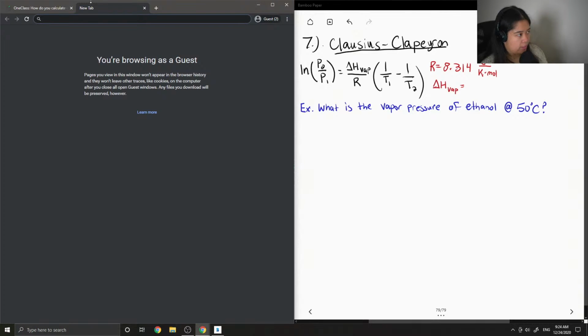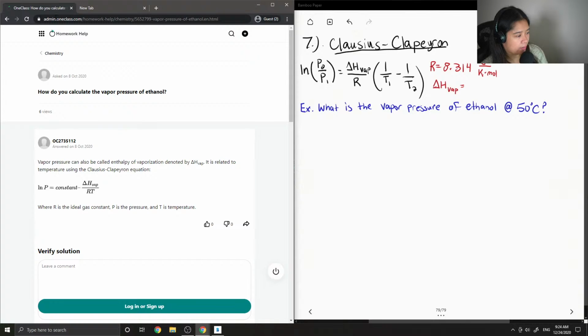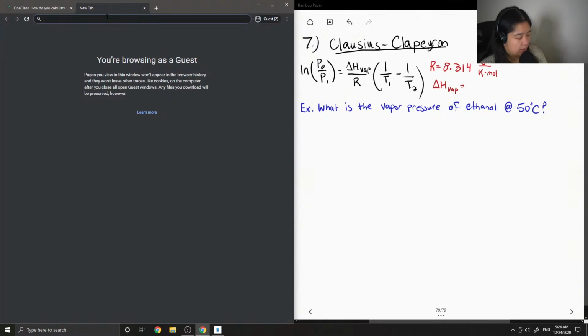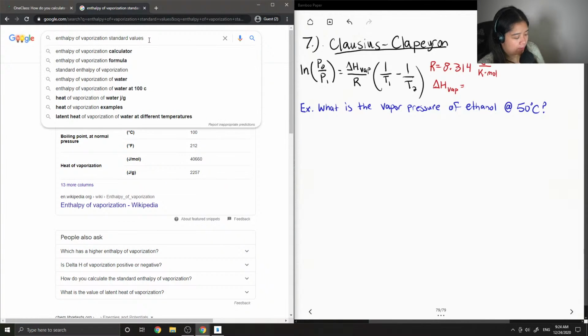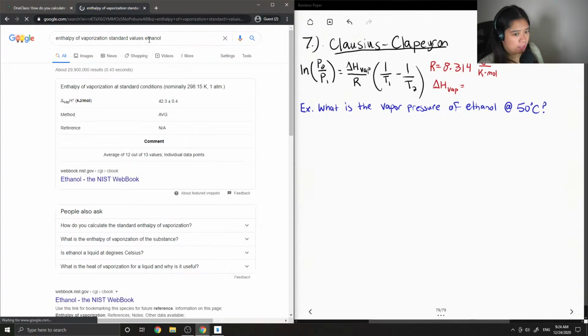But I'm just going to look it up on Google. So, enthalpy of vaporization standard values. I'll just put ethanol.